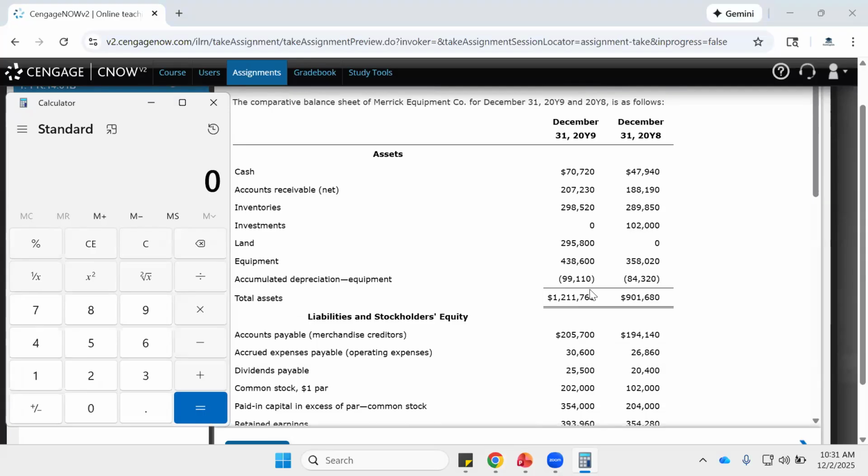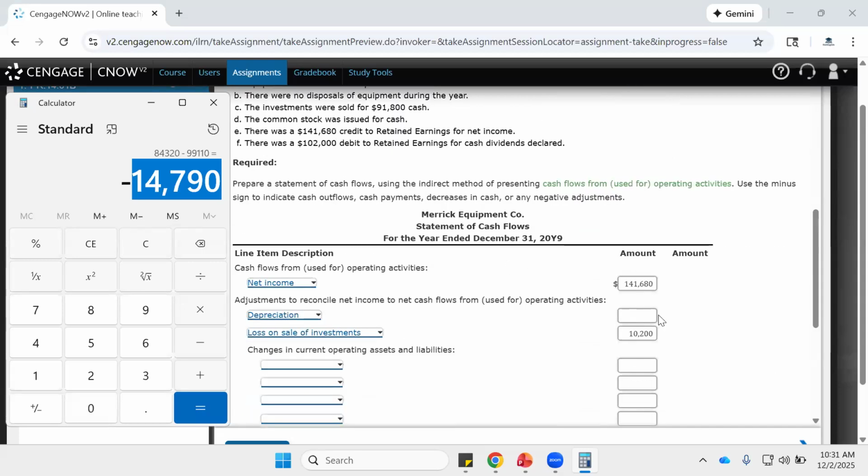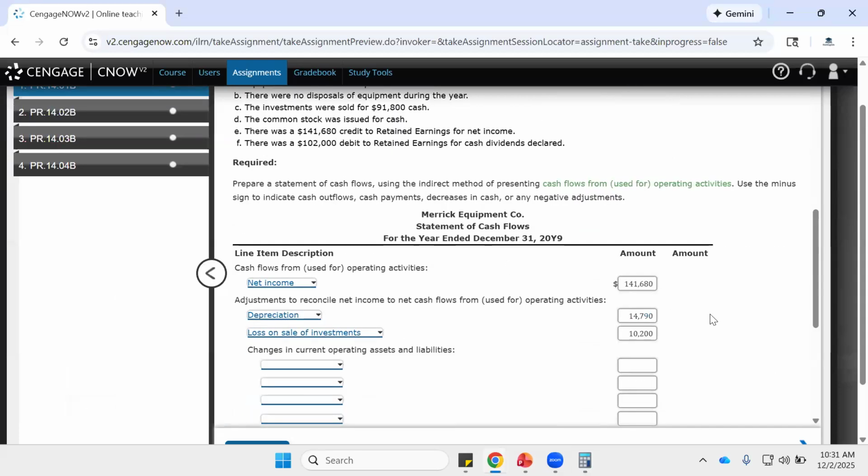If there was a disposal, they would have retired the asset. It would have reduced accumulated depreciation, but we know that that did not happen. So we know 84,320 minus 99,110. Depreciation during the year was 14,790. And that's going to increase operating cash flow.